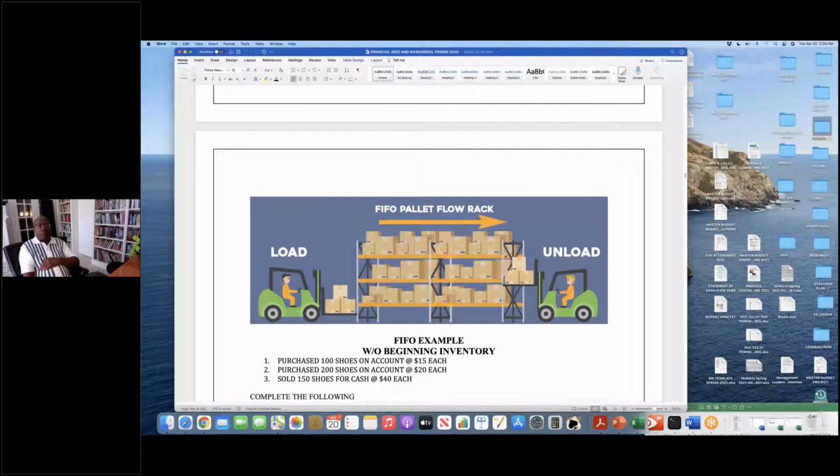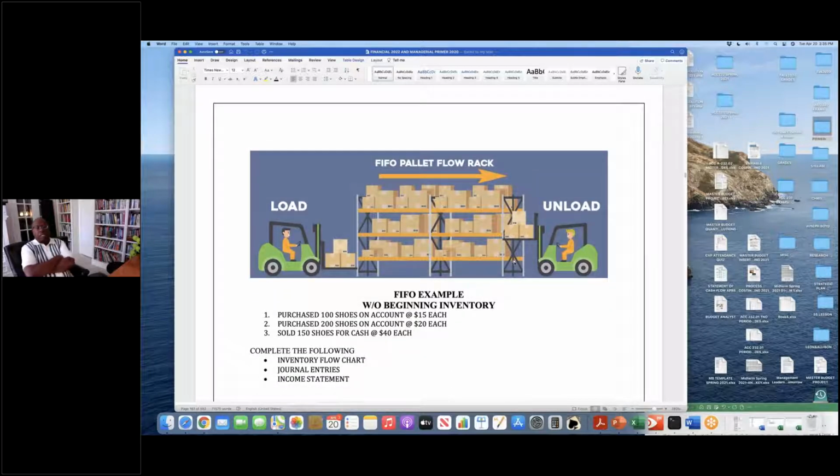So all of these first ones are unloaded before the newer ones. That's how it really works. And if you look at warehouse storage areas, this is a typical setup. Trucks come in loading at the rear, and everything is pushed forward. So the oldest stuff is sold first, and companies like to do that.